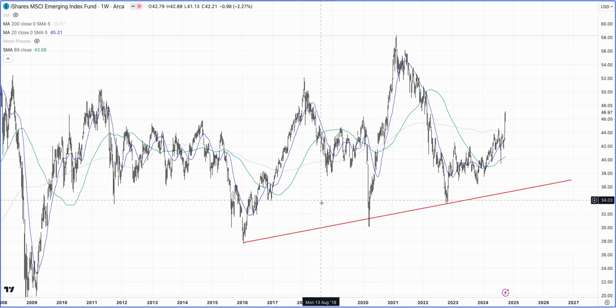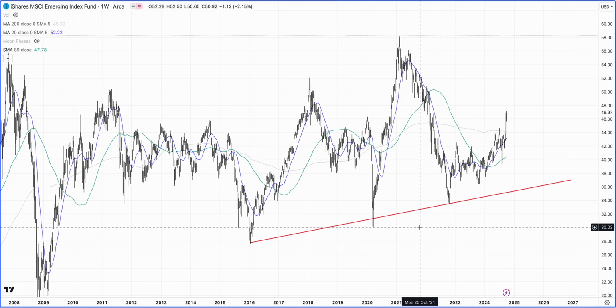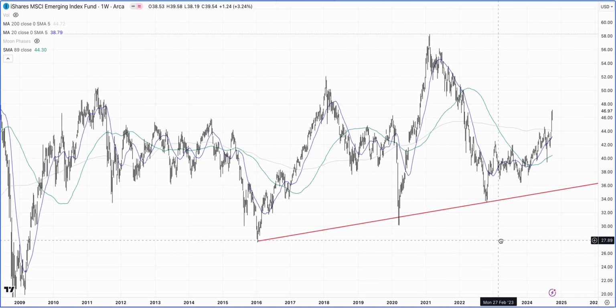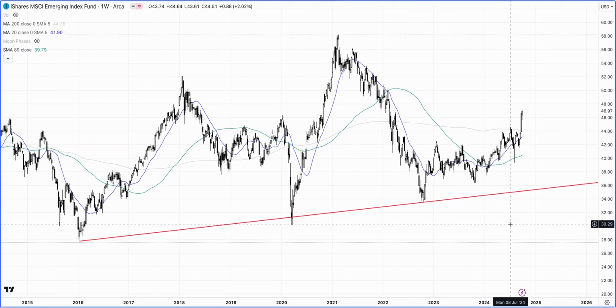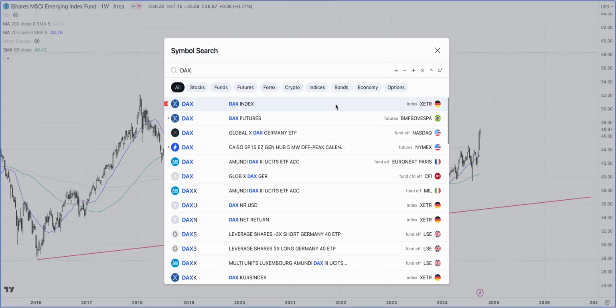I can see a bigger ABCD around here where probably this CD leg is getting a little bit extended. It's not an easy market by the looks of it, because when declines happen, they are pretty big. This is what the emerging markets are doing.